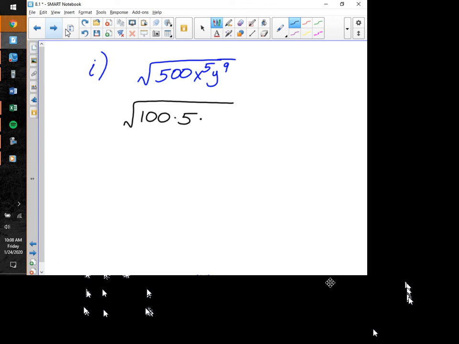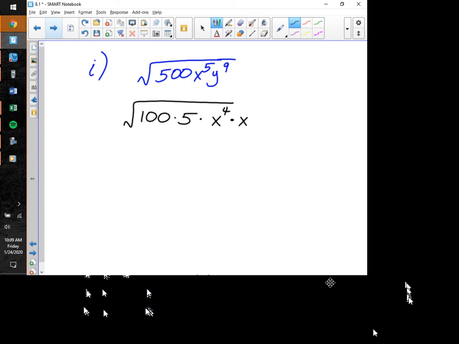So we're going to split x to the 5th up into x to the 4th multiplied by what? X to the 4th times what gives you x to the 5th? Just x to the 1st power, which we can just write as an x.